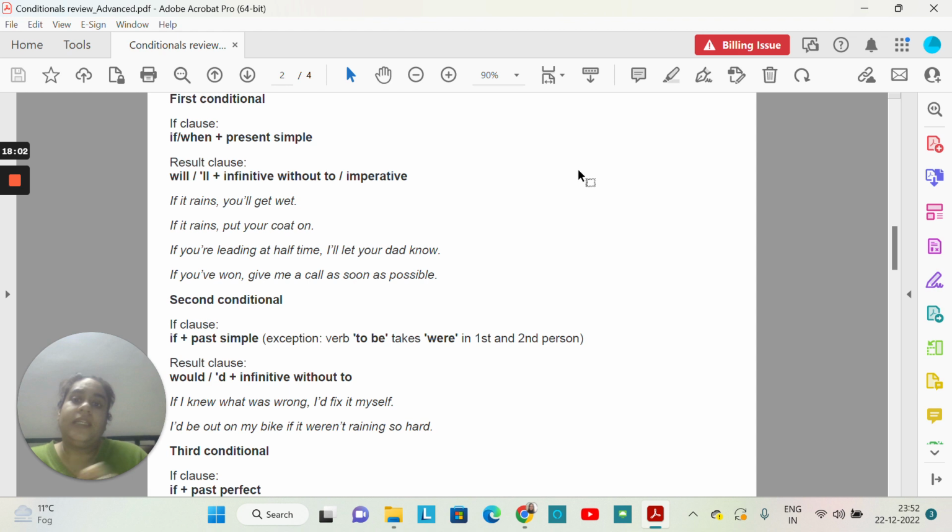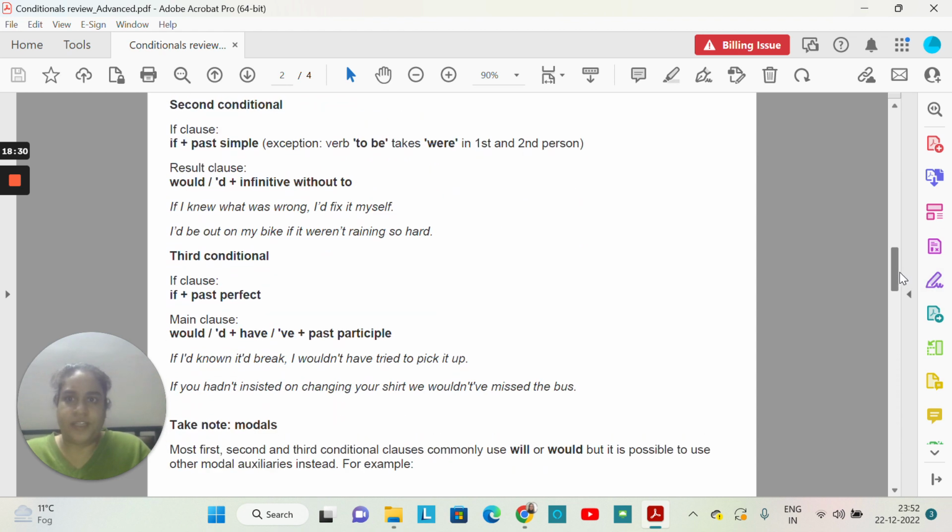If you are leading at halftime, present continuous tense. If you are leading at halftime, I will let your dad know. Fine. Now let's look at present perfect. If you have won, give me a call as soon as possible. You can also frame your sentences like this. So you have a will plus infinitive without to or imperative. You can frame it like this also. Fine.